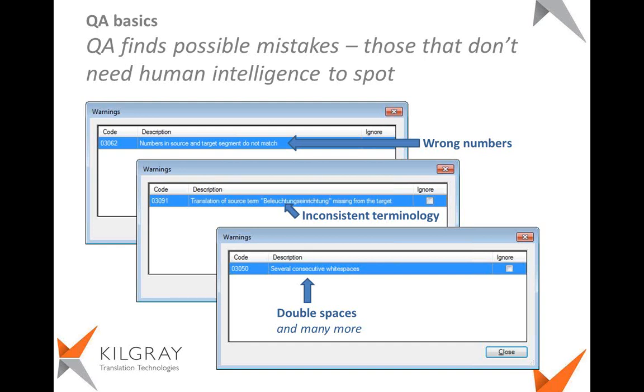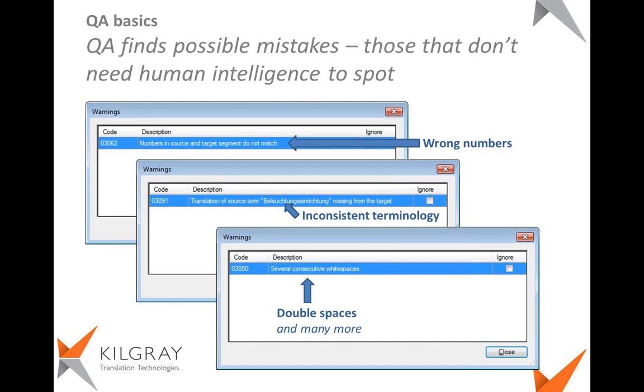Right now, well, I don't know how it is with your work, but what I found is that people run these QA checks, go through some of them, and then give the whole thing to the human reviewer, who might or might not work along the lines of these possible mistakes.